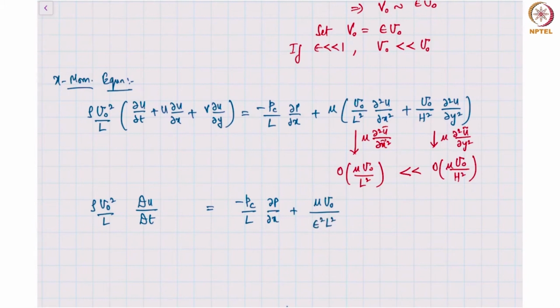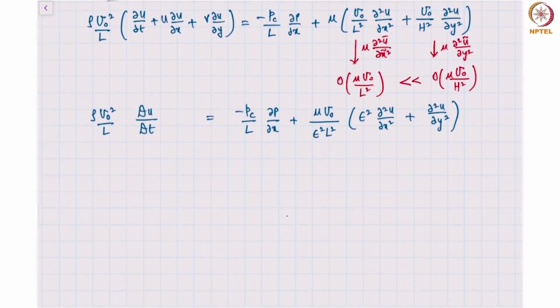What I now have is epsilon square del square u by del x square. That's the first viscous term, and then I have del square u by del y square. Notice that I have again used the definition of epsilon to replace h square with epsilon square L square.